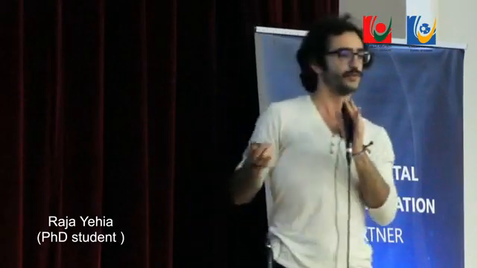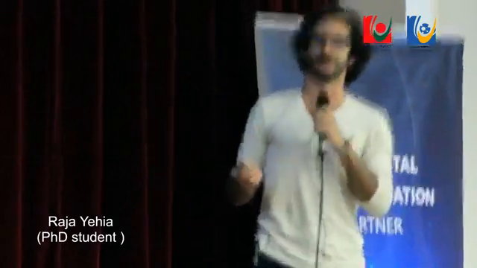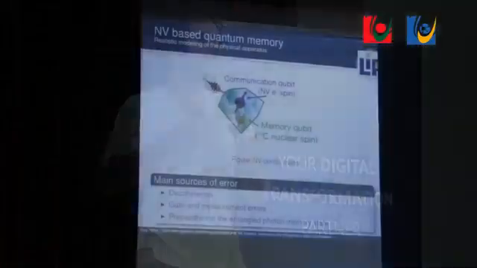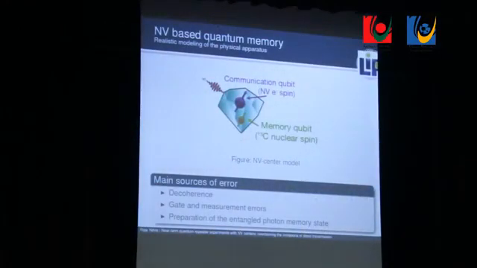Now the other tool that we need is NV centers. So I have a very basic model of NV centers, which is basically 2 qubits: one memory qubit that is a carbon spin inside the NV center that has a long life, which means that it decoheres slowly.